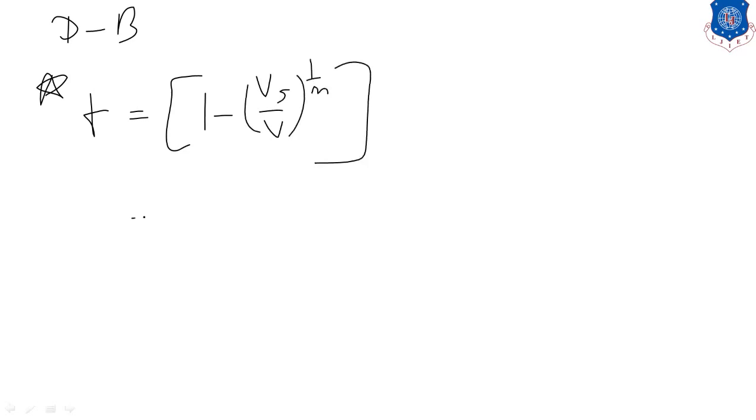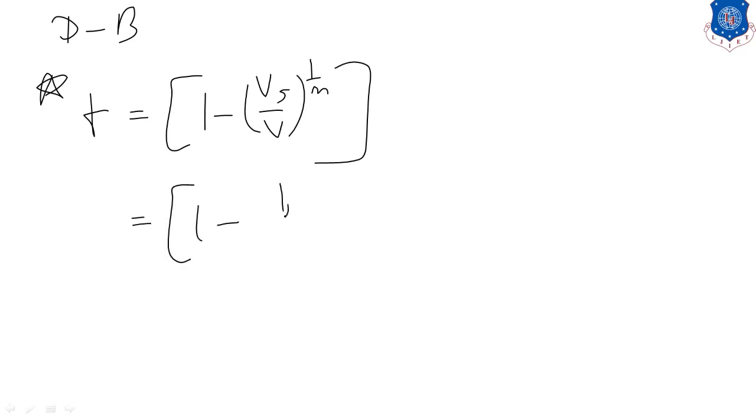For the declining balance method, first we have to find out the factor, which can be given by f is equal to 1 minus (Vs upon V) whole raised to 1 upon n. So what is Vs?